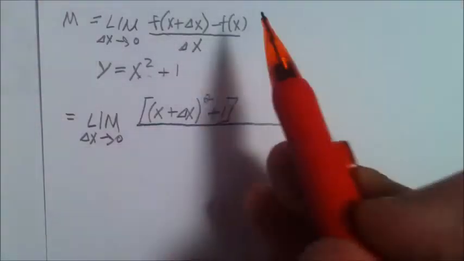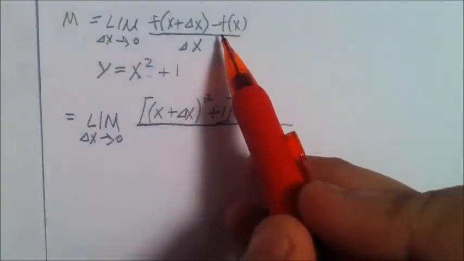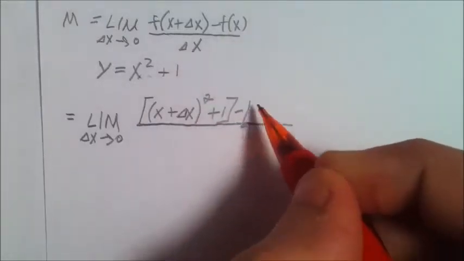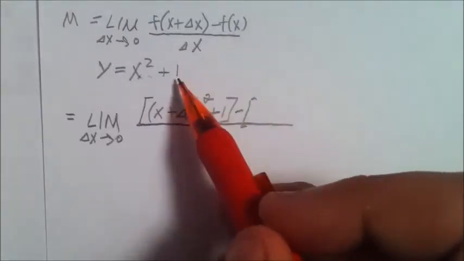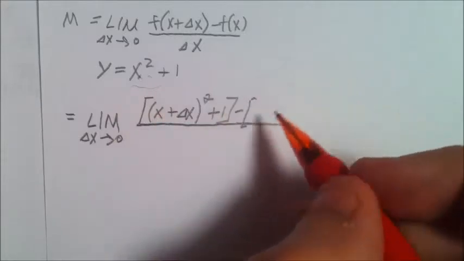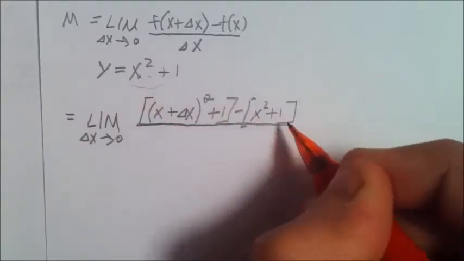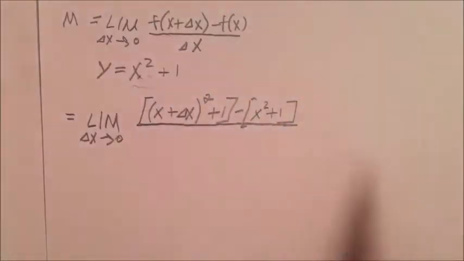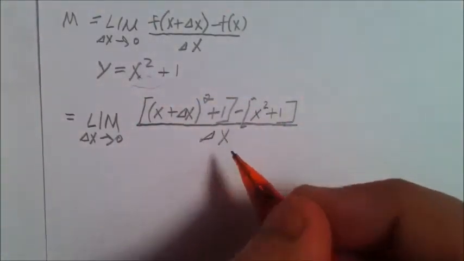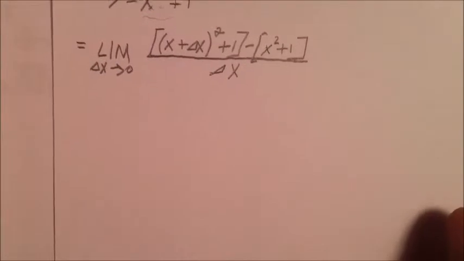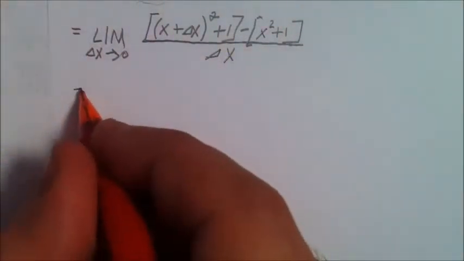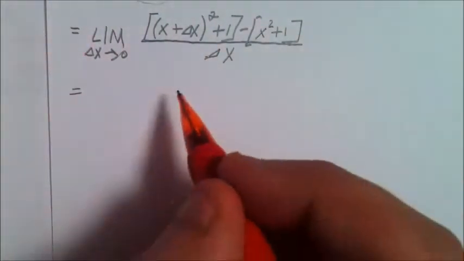And in part 2, I just have to add my minus sign, and this is just telling me to rewrite this equation here. So that would be x squared plus 1, since f of x is just itself, all divided by delta x. Now comes the long tedious process of just simplifying everything.